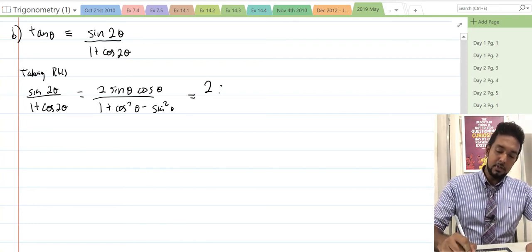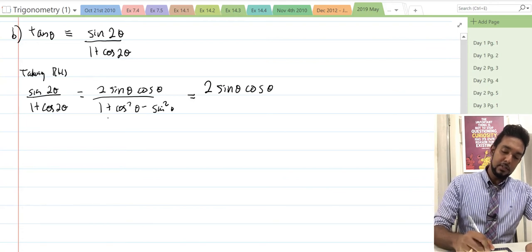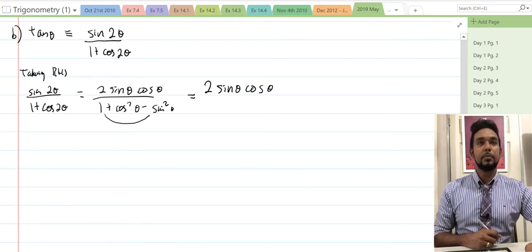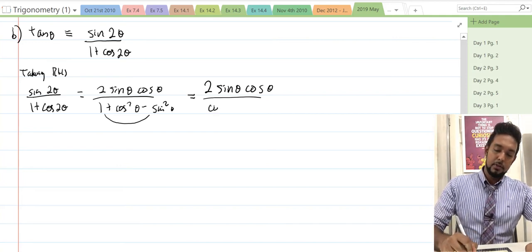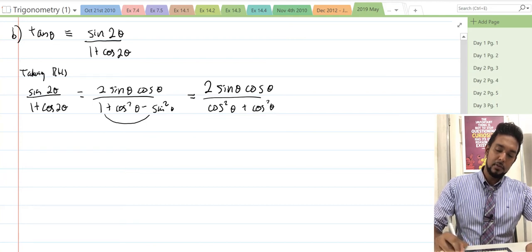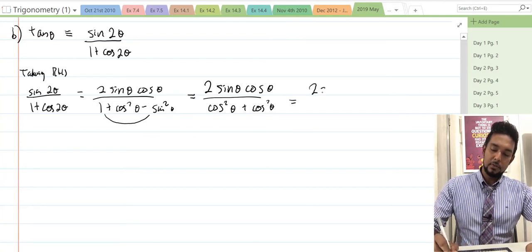The numerator doesn't change. But that denominator, I suspect we could do something like 1 minus sine squared. What's 1 minus sine squared? Cos squared, right? So your denominator now will become cos squared theta plus itself, which will give us what? 2 cos squared theta.